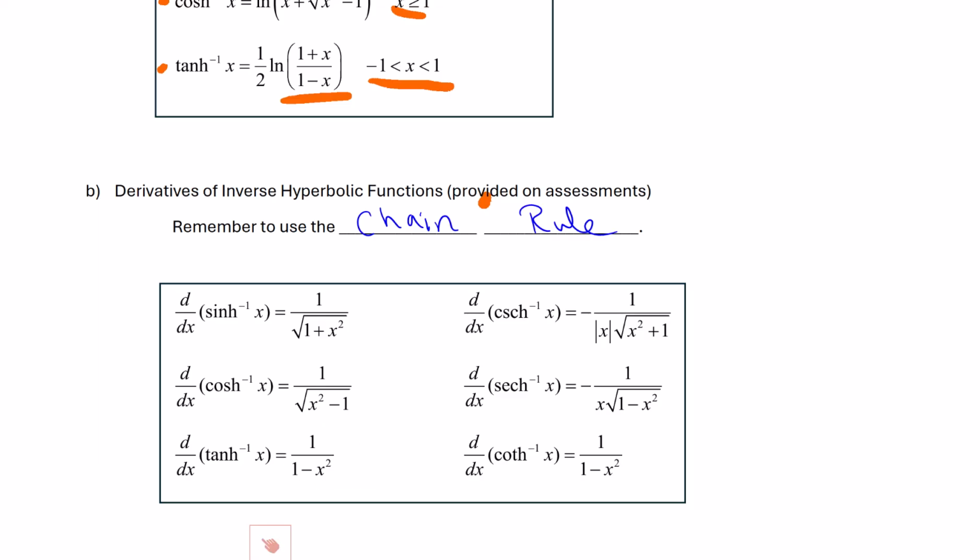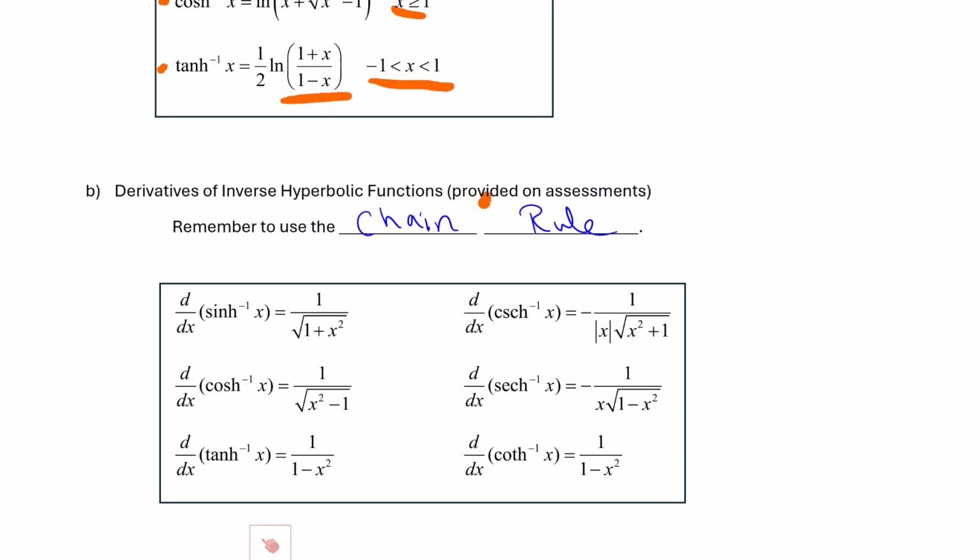The derivative of cosecant hyperbolic inverse of x is equal to negative, there's a negative in front of it, be careful with that. It's a fraction which is now 1 over, the denominator is the absolute value of x times the square root of x squared plus 1. So a few pieces going on there.